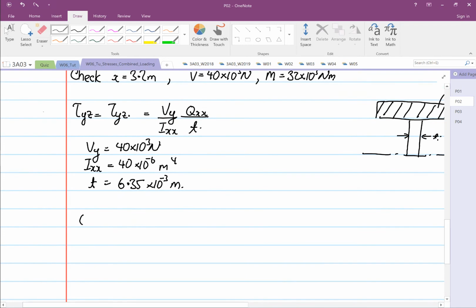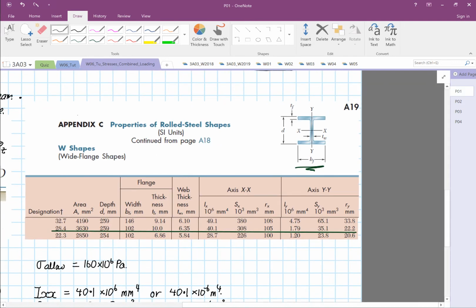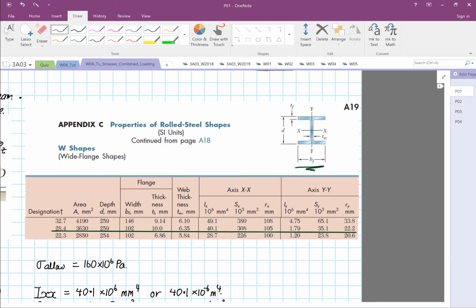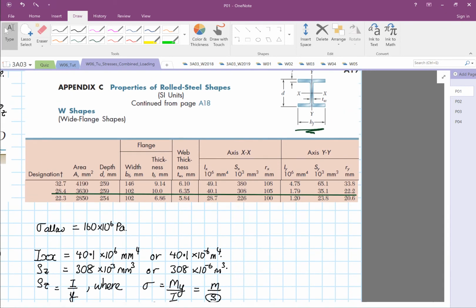And then Q is equal to A times Y bar. The width of this material from the table is 0.102, and the thickness is 0.01 meters. Then all you need to do is get the centroid, so the center is d divided by 2.